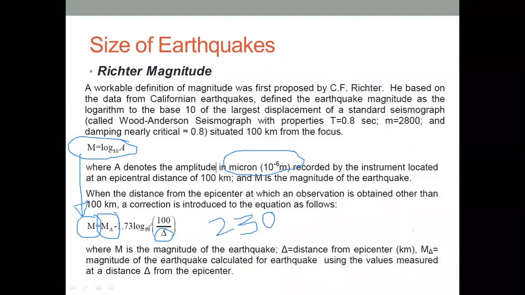Final M. M del is 3.735. M del is 3.75, or M is how much? Sir, 4.36. So log 10, A is 23,000. 4.36, sir. Yeah, this is 4.36, correct?